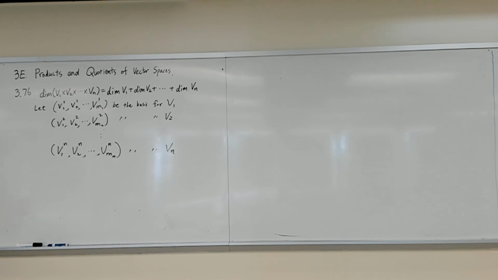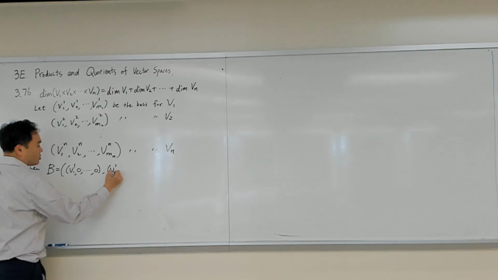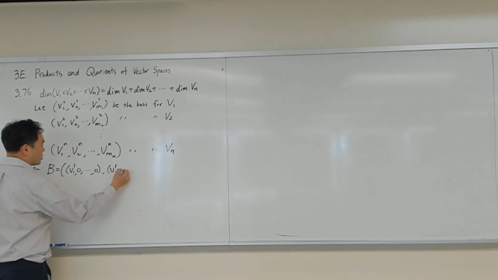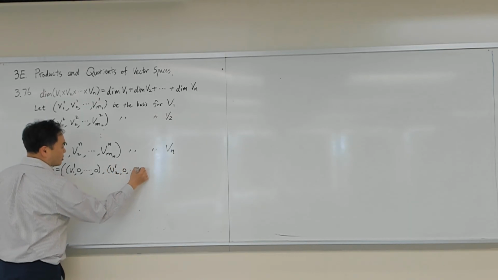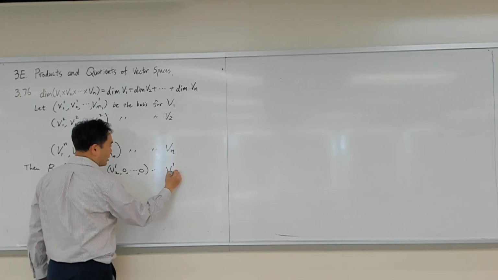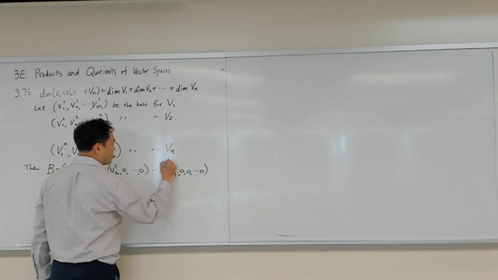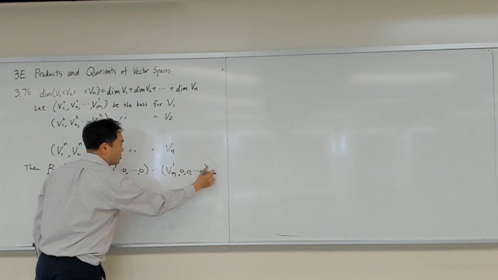All right. So if you do that, then you define the basis as (V1 1, 0, ..., 0), (V1 2, 0, ..., 0), all the way up till (V1 M1, 0, ..., 0). But that's just the start.